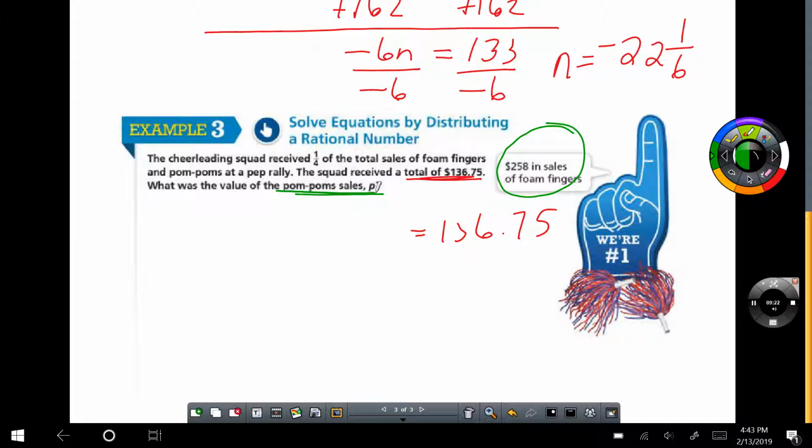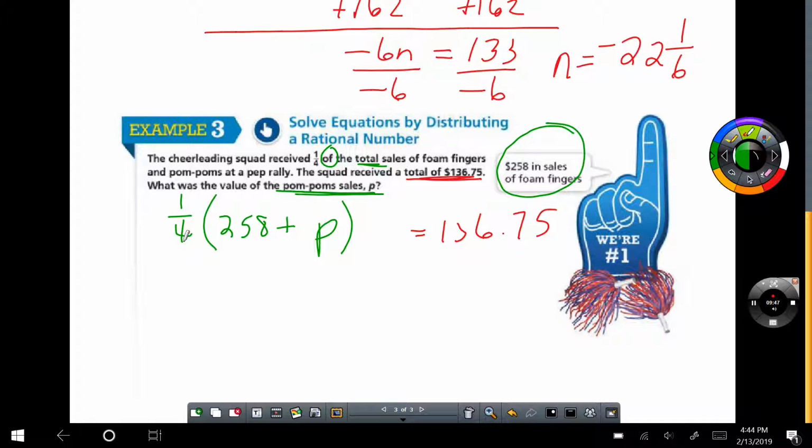So foam fingers is $258, and pom-poms, well, we don't know what that is. That's P. Now, we don't get to keep all the sales. We get 1/4 of the total. Now, we know that the word of means to multiply, but we need to multiply by the total. So we're going to show that by putting the total in parentheses and multiply it by 1/4.